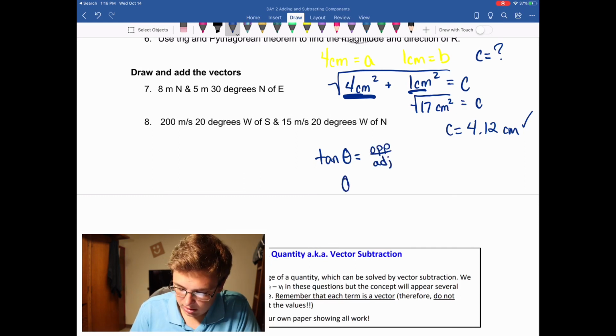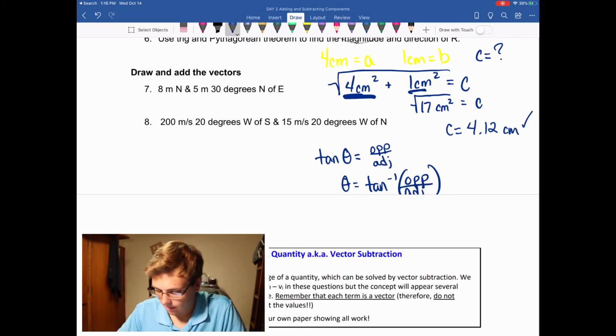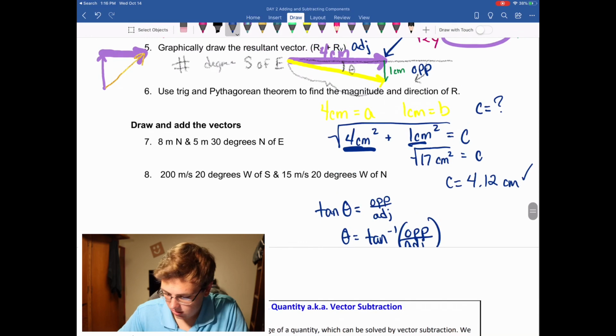So I know theta is going to equal my inverse tangent times opposite over adjacent. So I can plug that in, and all I get would be my opposite being 1, my adjacent being 4, 1/4 tangent inverse equals my theta.